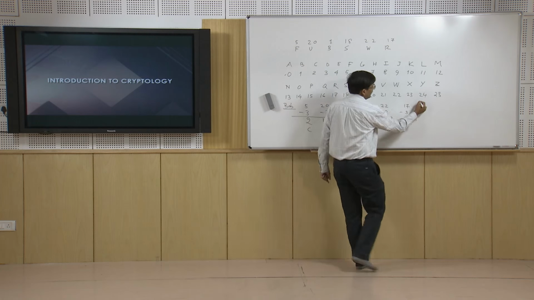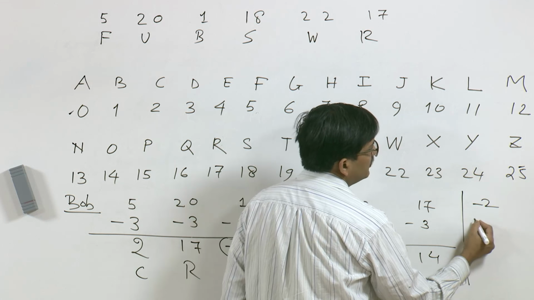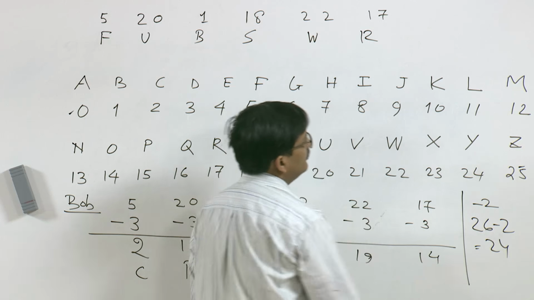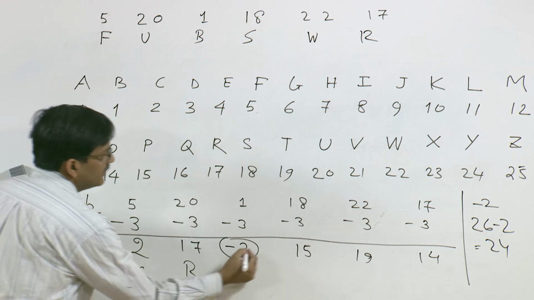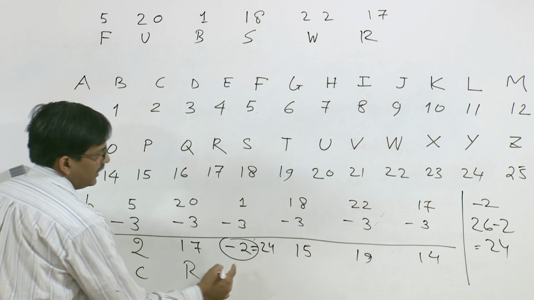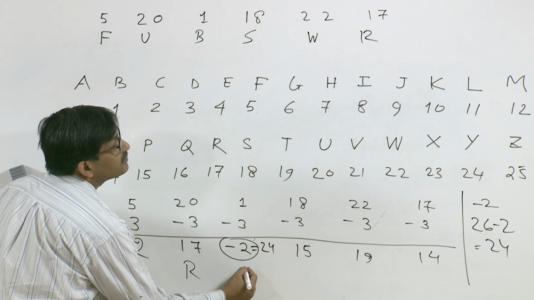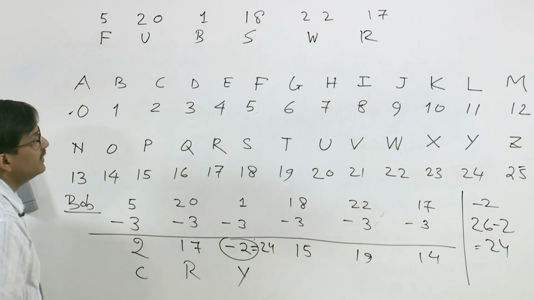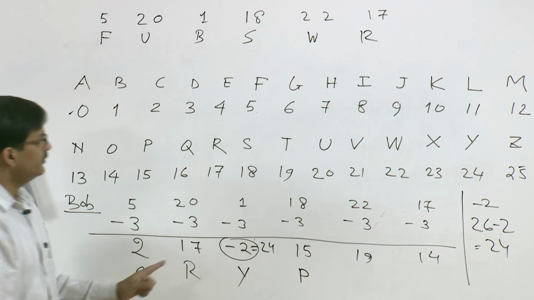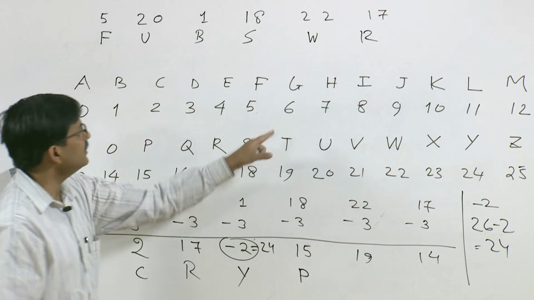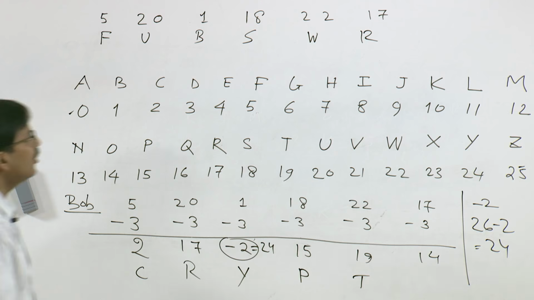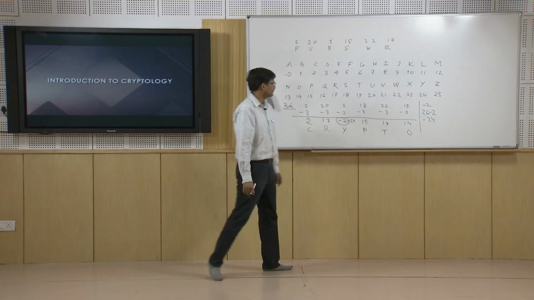So, instead of minus 2 we will write 26 minus 2, which is 24, and 24 corresponds to Y. And 15 corresponds to P. So, we have got crypt, 19 corresponds to T and 14 corresponds to O. So, we have crypto here.